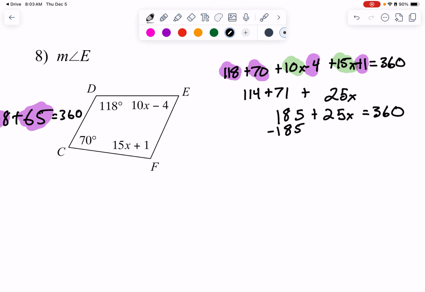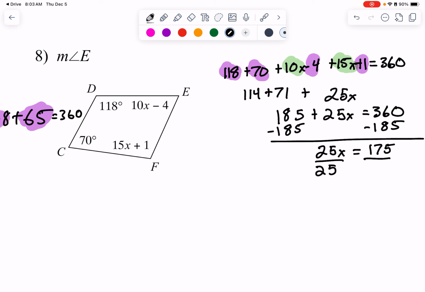Again, I'm just trying to get x by itself so I can figure out what that is. I have 25x after I subtract 185 from both sides. And that would give me 175. Now, if I divide this by 25, I can start thinking of like dollars and quarters here. 25 divided by 25 is just x, 1x.